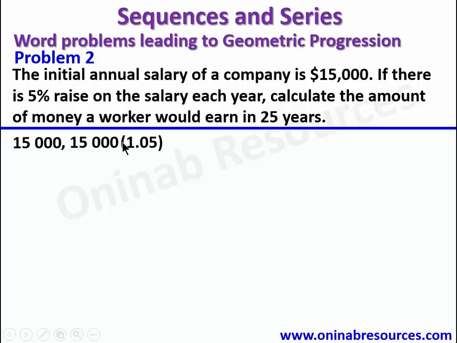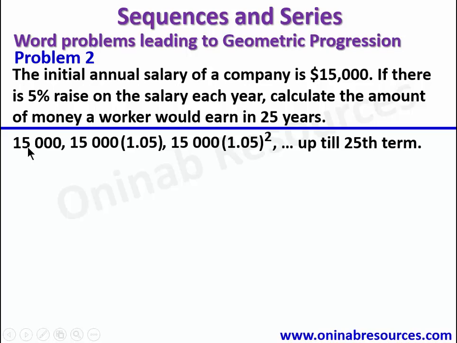So that we will now have it as 15,000 times 1.05, since 105% is 1.05, and the third year will be 15,000 times 1.05 squared, and so on up till 25th term.